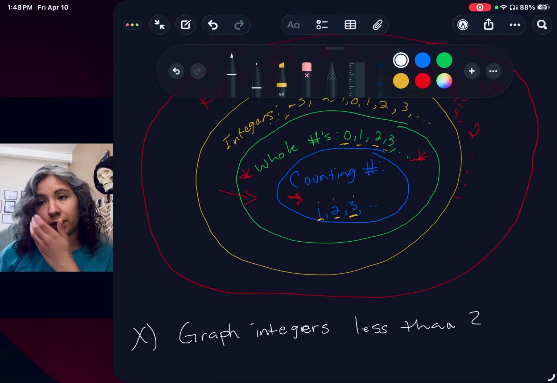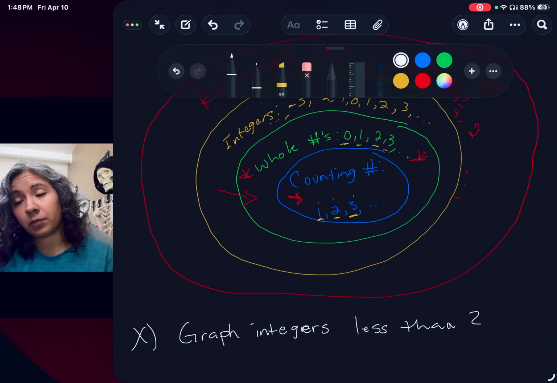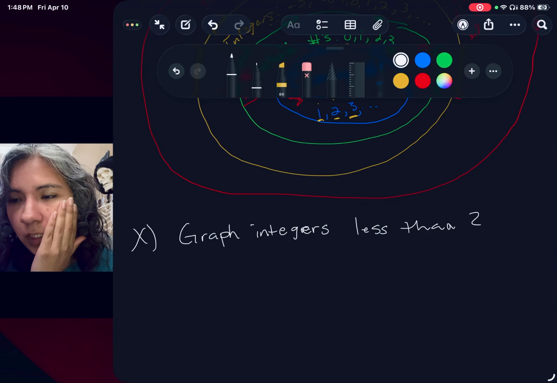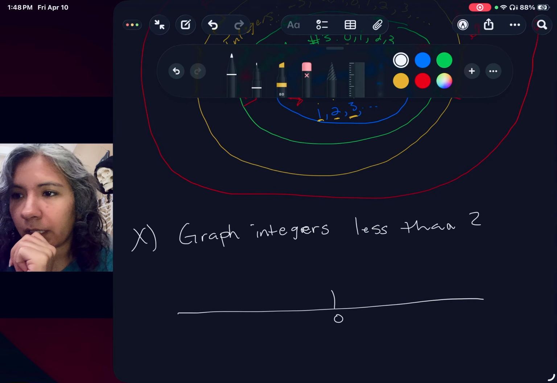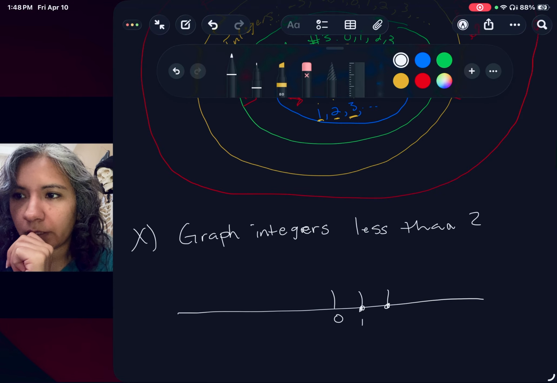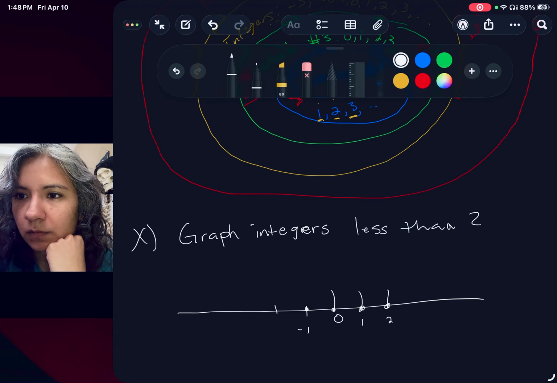So integers are all positive or all whole numbers and their negatives. So let's do a number line. Okay, here's 1 and 2. So we include those, right? We're going to include 0 and start doing the negatives.